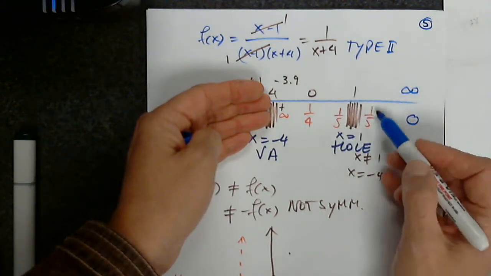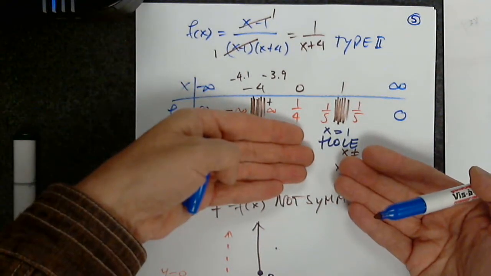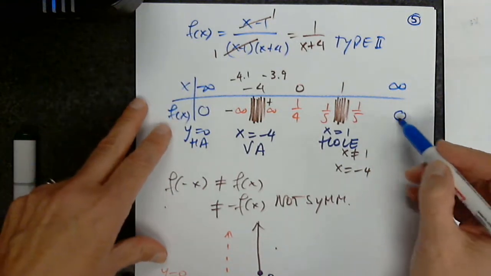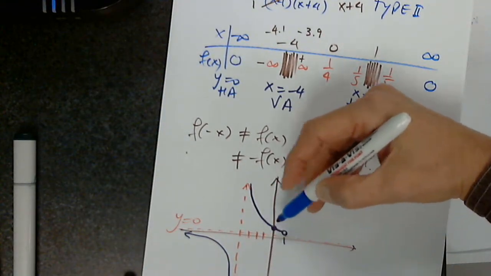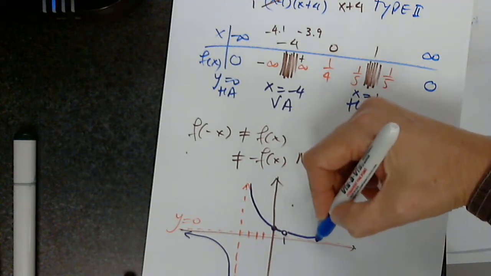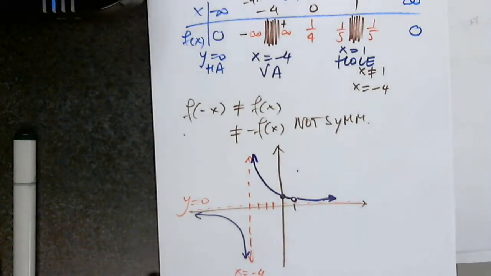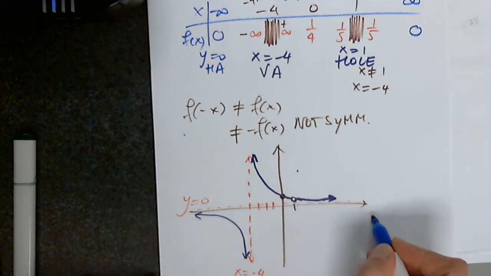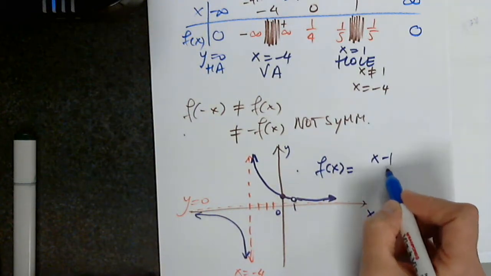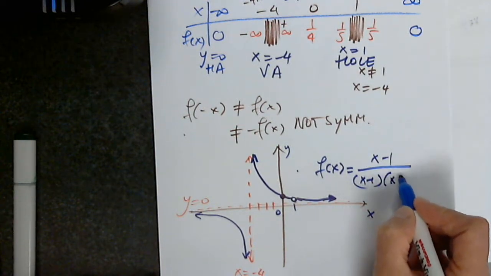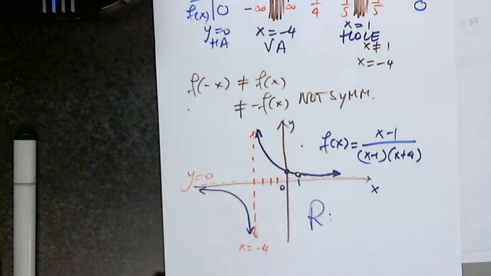At 1, where it has a hole, both sides approach 1/5, and there is a hole, and then approaching 0. So this must be it. It does not go away from the asymptote, it continues approaching it. So this is our function f of x, x minus 1 over x minus 1 times x plus 4. Can anyone give us the range of this function?